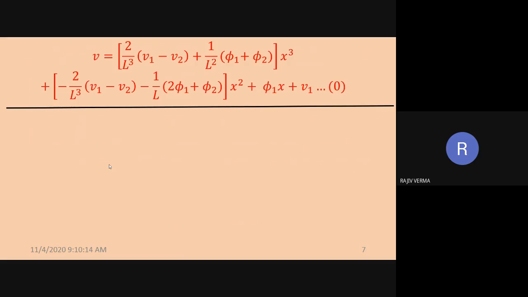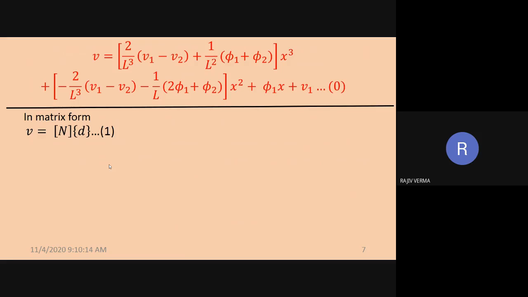And after solving, when the values of A1, A2, A3 and A4 are substituted in the cubic polynomial, what we get is expression number 0, which can be written in matrix form in equation number 1, which relates the transverse displacement to the 4 degrees of freedom.